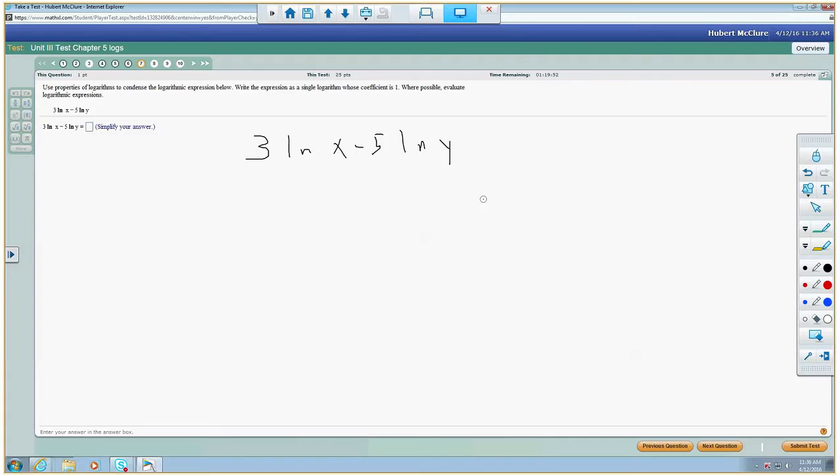Product rule, quotient rule, or power rule. Nope, not yet. You are going to use the quotient rule, but first the power rule. Got to get that 3 and that 5 up. So, natural log of x to the 3rd minus natural log of y to the what? And now you use the quotient rule. Natural log of x to the 3rd over y to the 5th.